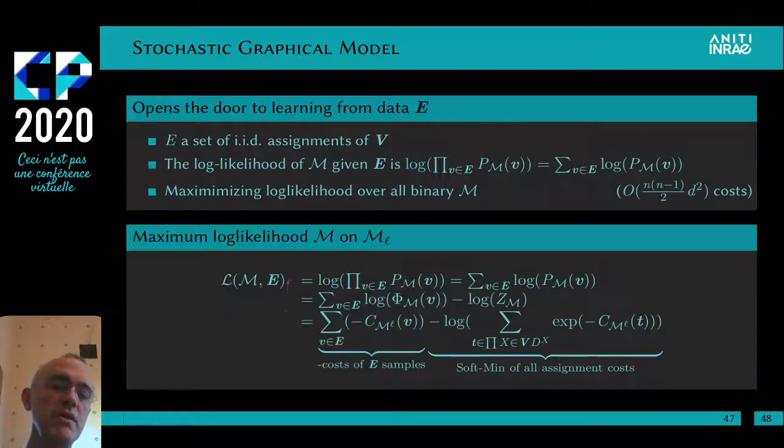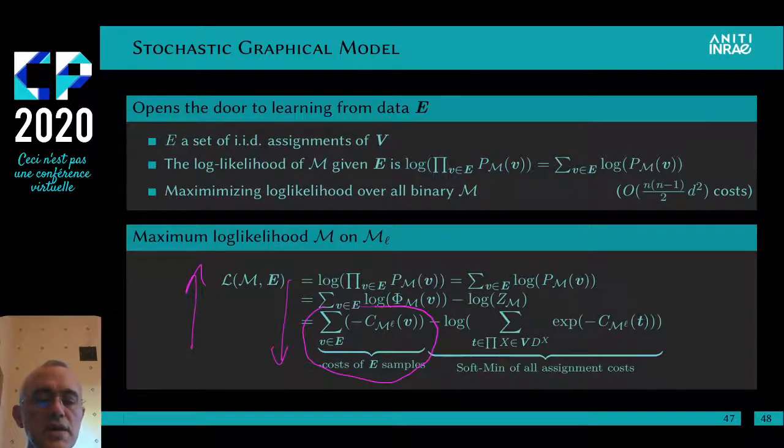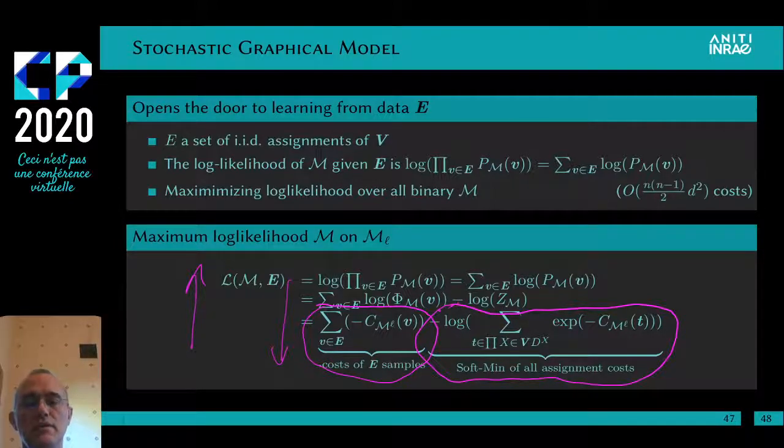And if you do simple maths, you can show that if you maximize log likelihood on the MRF, you essentially do this on the associated CFN. You want to minimize the cost of the assignments, which is consistent with the idea that they are high quality. And at the same time, you want to maximize the soft minimum of the cost of all the assignments. So you are giving a lower cost to the high quality assignments, which makes a lot of sense if you want to learn a cost function network from data.